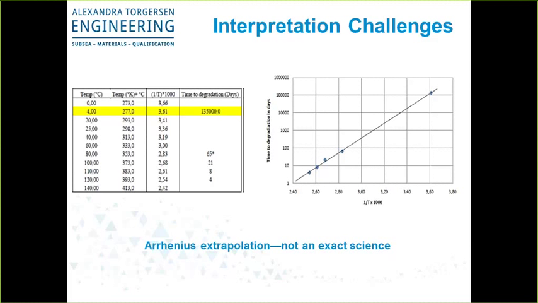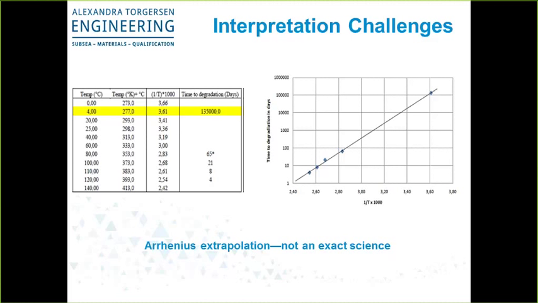And also, the 65-day mark is an asterisk point, so there were some issues with this particular data point. And if you see on the graph on the right-hand side, if you do change that point just a wee little bit, the linear extrapolation would be different.